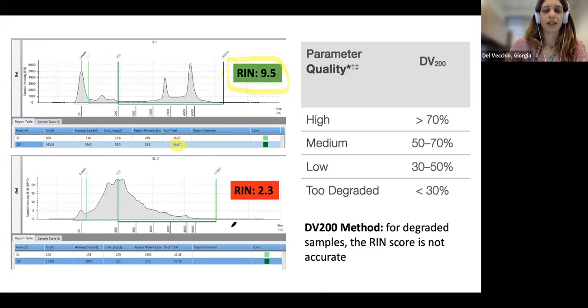When we look at the RNA with a RIN number of 2.3, we should look at this range here, and if the percentage is between 50 and 70%, then even if the RIN number is low, the sample is actually still good for an RNA library prep, because more than half of the sample is coming from this range.